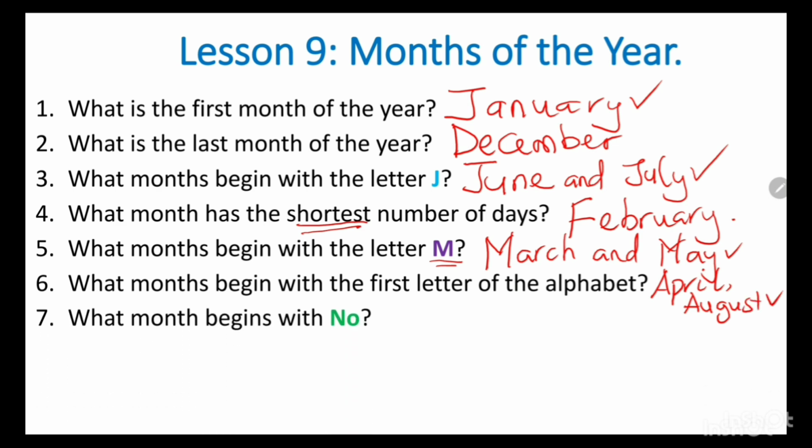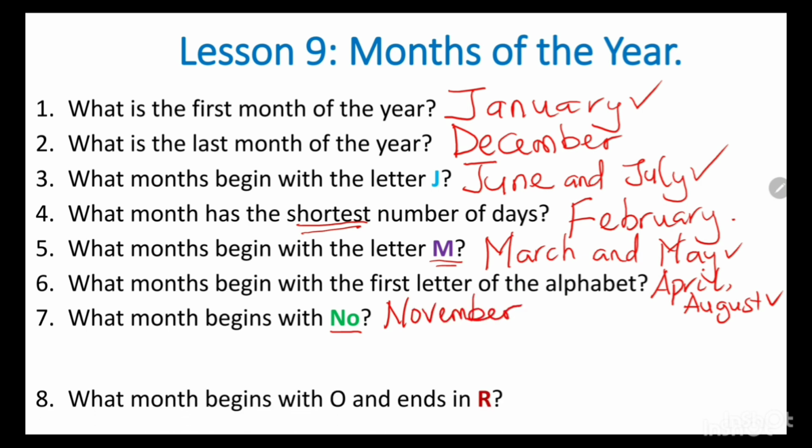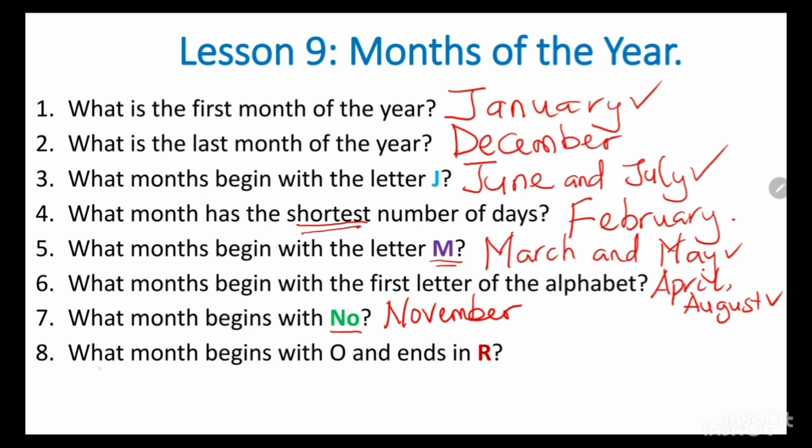Nice. Number 7. What month begins with N-O? Haha, you should know this one. There's only one. All right? It is November. Okay? Number 8. What month begins with O and ends in R?